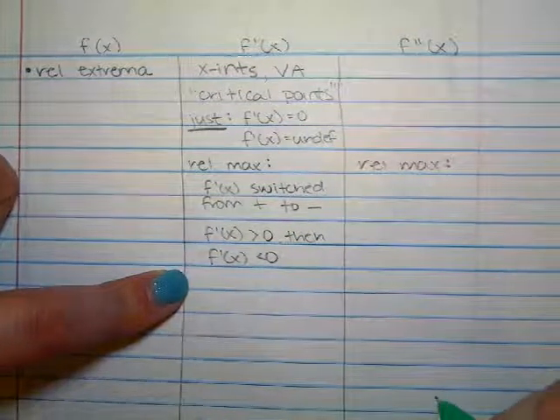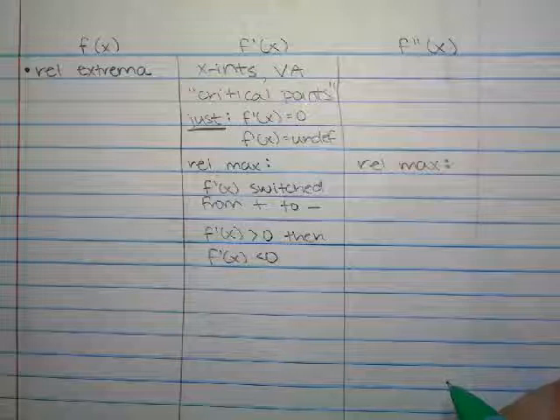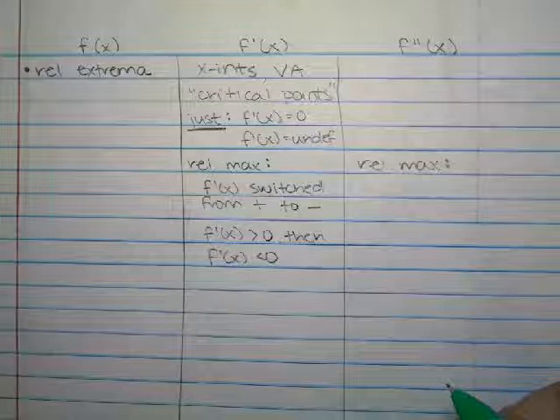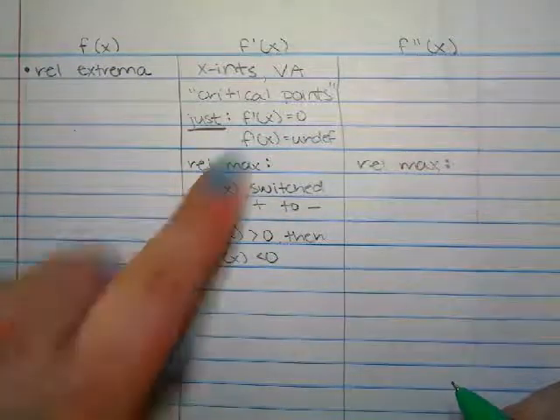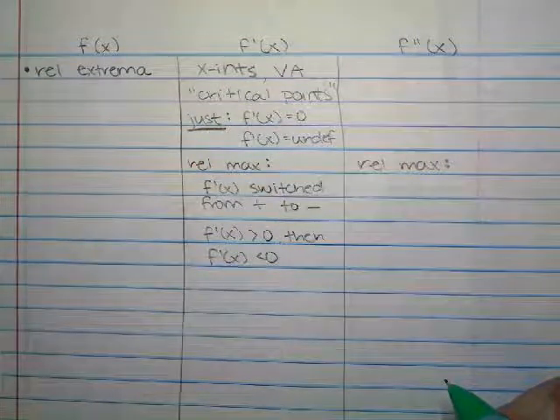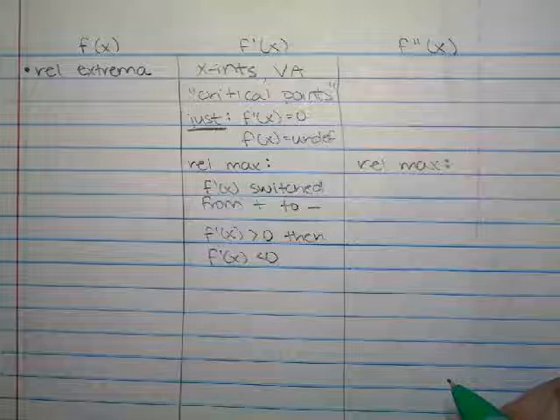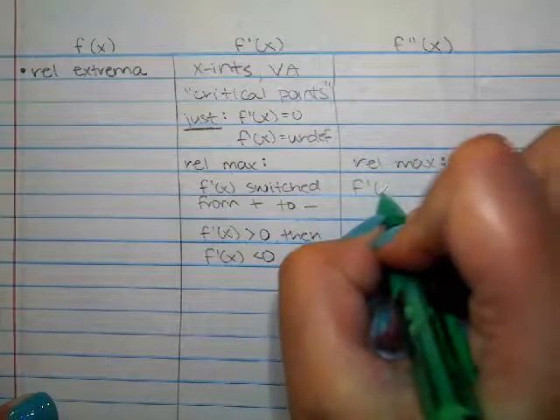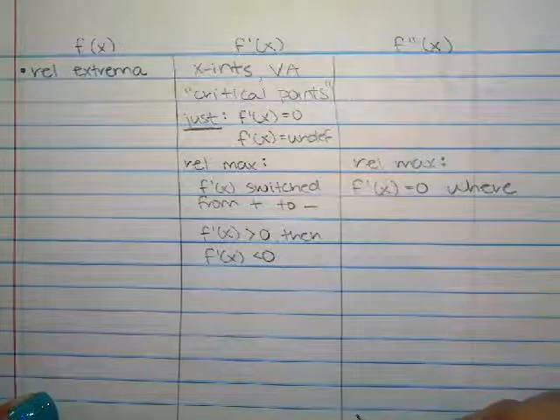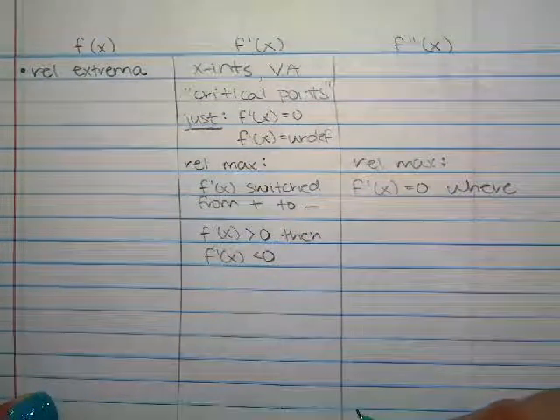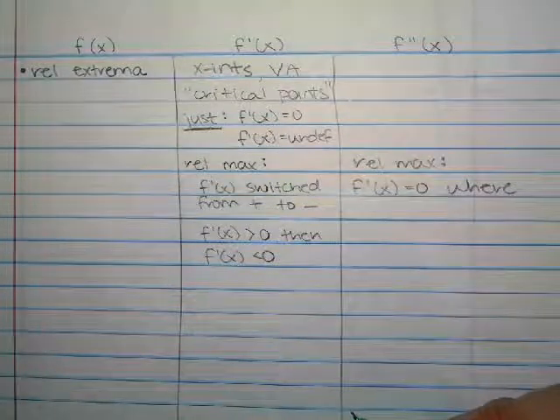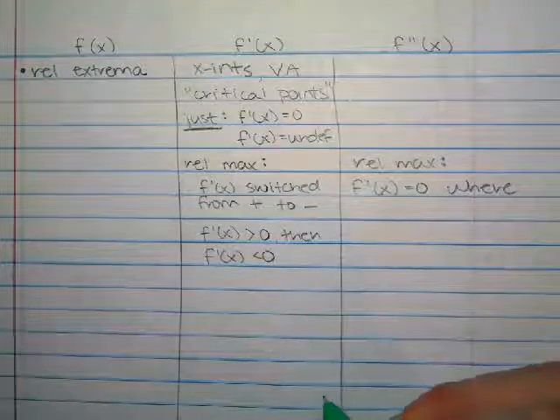And then how do we know that a critical point has given us a relative max? How do we know that one of these critical points has given us a relative max? So f prime of x equals 0, where the second derivative, and it has to be, hold on, it has to be concave down, so the second derivative is less than 0.